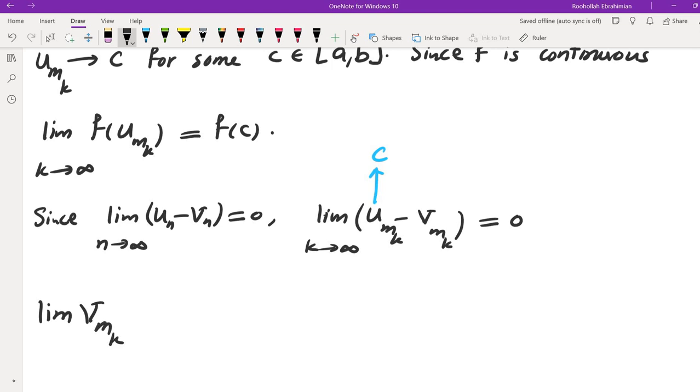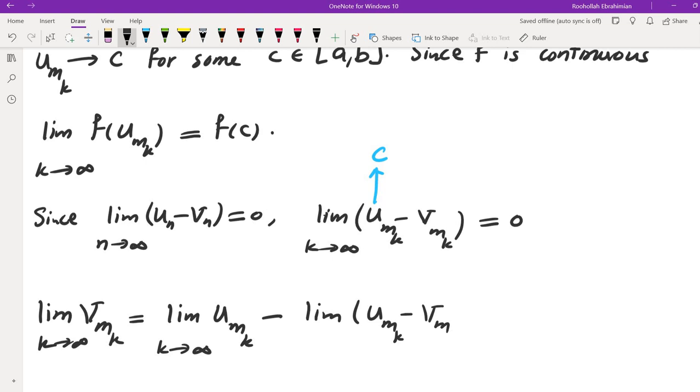If you look at v m k, this is going to be the limit of u m k as k approaches infinity minus the limit of u m k minus v m k. The first one is c, and the second one is 0.